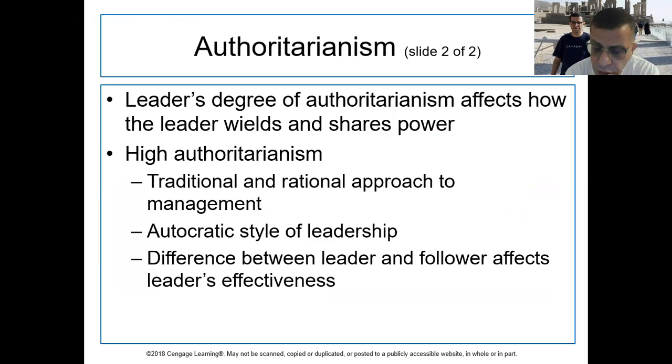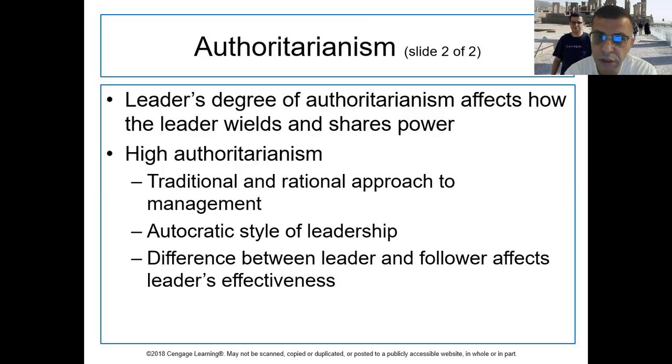Now, a leader's degree of authoritarianism affects how the leader wields and shares power. The more focused on authority he is, the more he keeps the power with certain levels or certain people, the more he believes in authority.